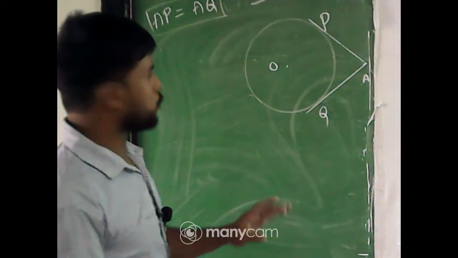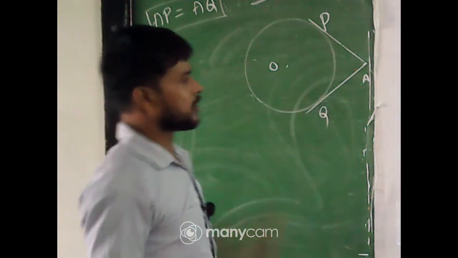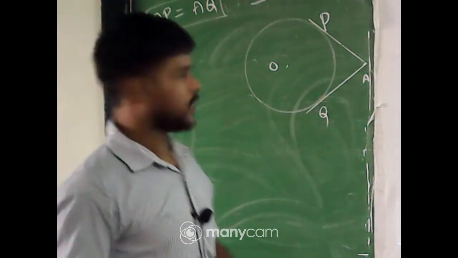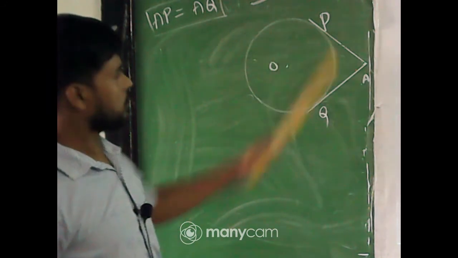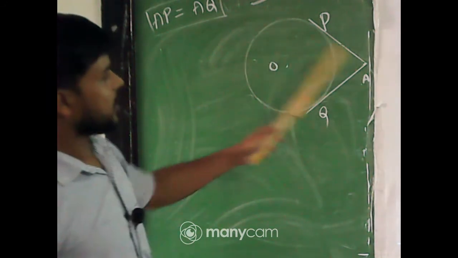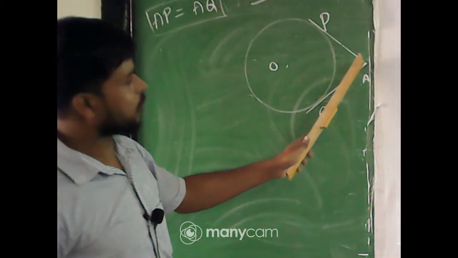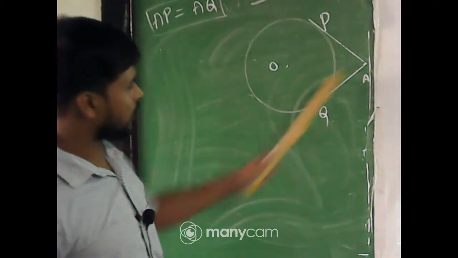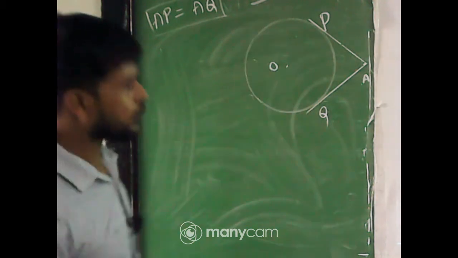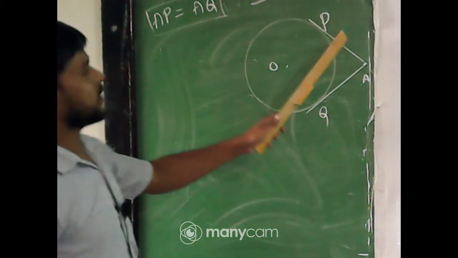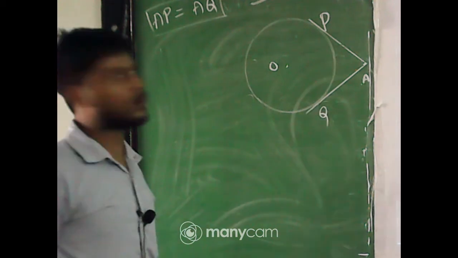So how can we prove that? What is given? Given here that O is the center of this circle, A is a point outside the circle, and from that point there are 2 tangents, AP and AQ. We have to prove that the lengths of these 2 tangents are equal to each other.